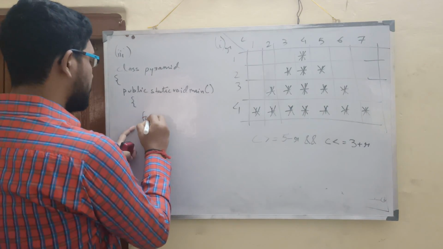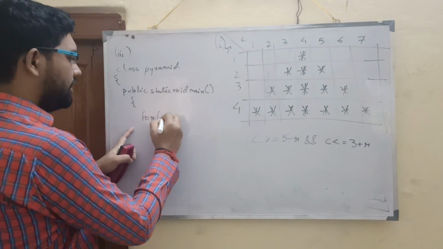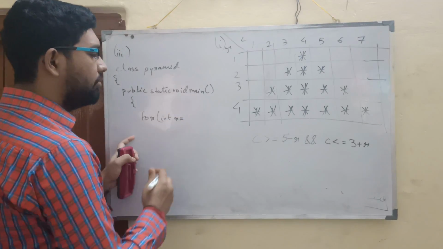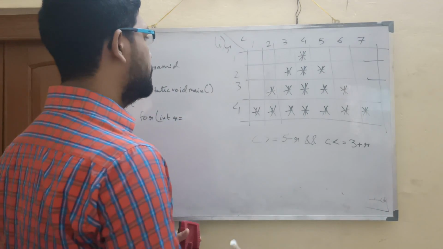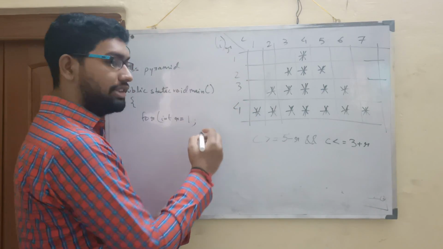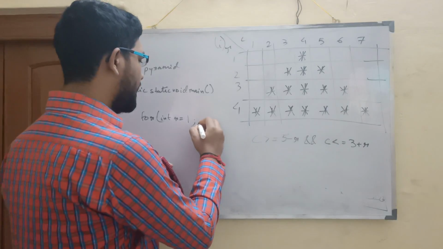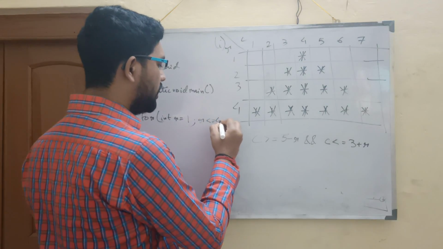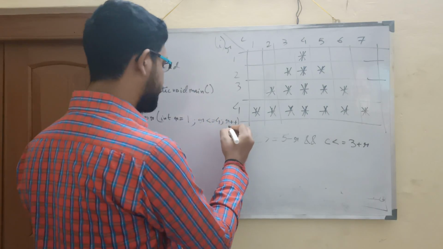So for int R equal to what? From which position to which position? Just look over here. R is starting from 1 to 4. So we will write 1, and since it is going up to 4, R less than or equal to 4, R plus plus.